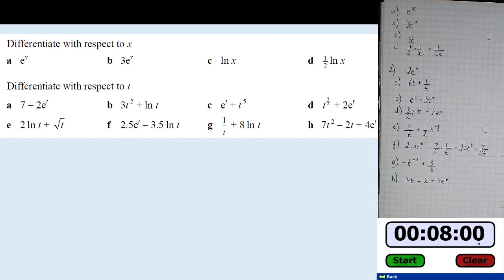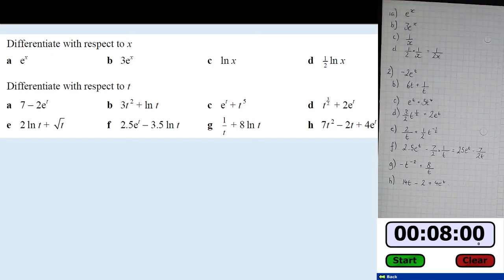Whew. I say, if you can get up to that kind of level of fluency with your differentiating exponentials and logarithms, that's great. That's a really useful thing to be able to have, especially moving forward and dealing with things like differential equations and so on. So I'm going to leave it there.